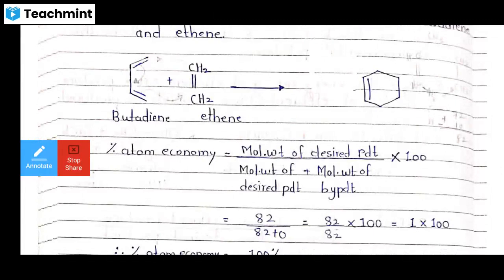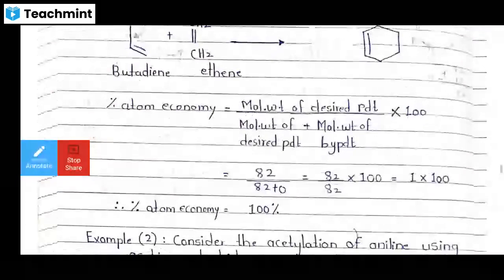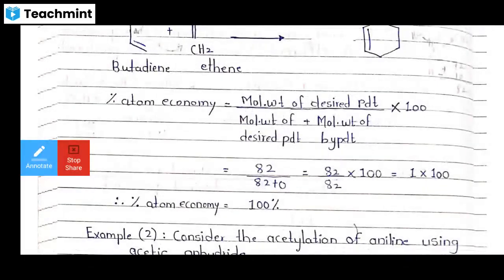Total number of hydrogen atoms is 10. 10 plus 72, that is 82, is the molecular weight of the desired product, divided by the molecular weight of the desired product, 82, plus the molecular weight of the byproduct, which is 0. No byproduct is here. So multiply by 100, and we will get 100, meaning the percentage atom economy of the above reaction is 100%.